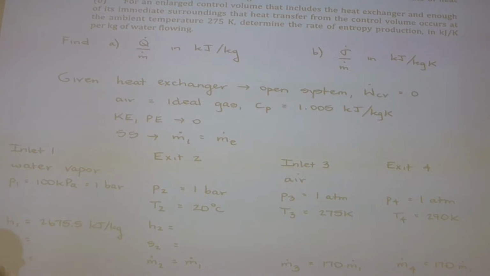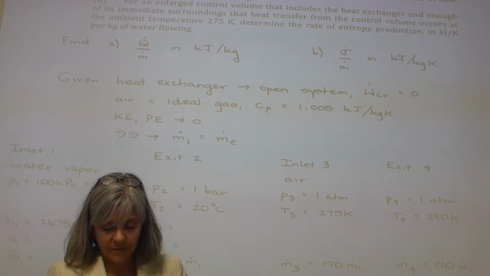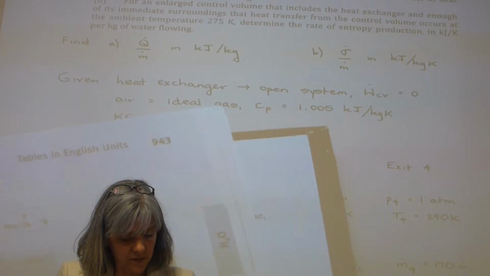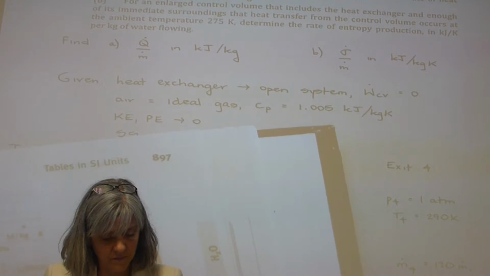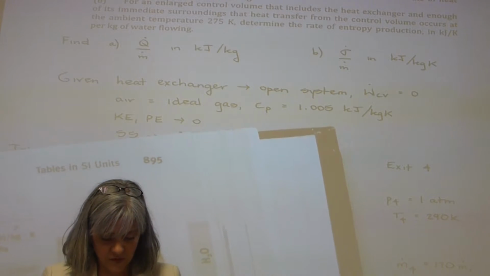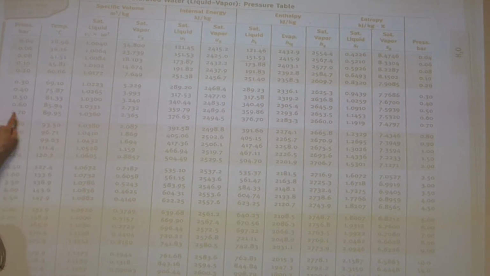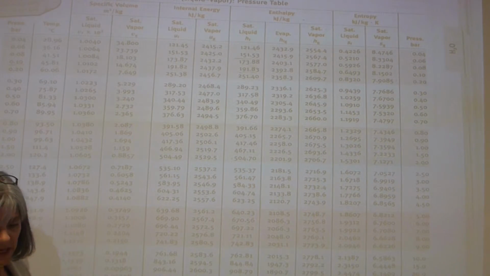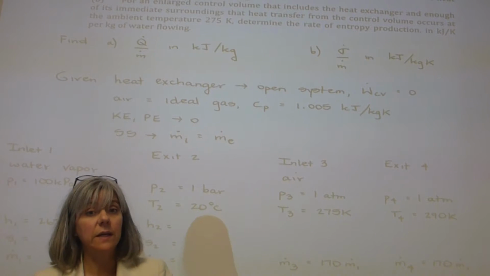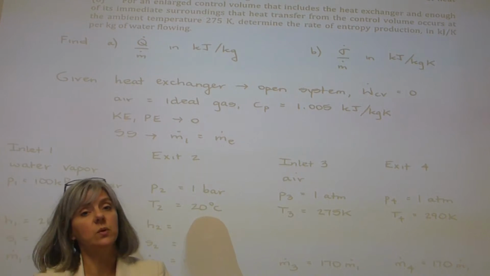So I'm going to start with the pressure table A3. We're going to start with 1 bar, and we see 99 degrees. We're sitting at 20 degrees. So clearly a supercooled liquid.